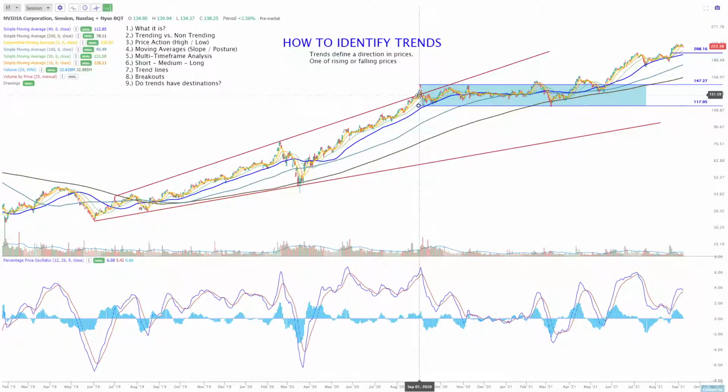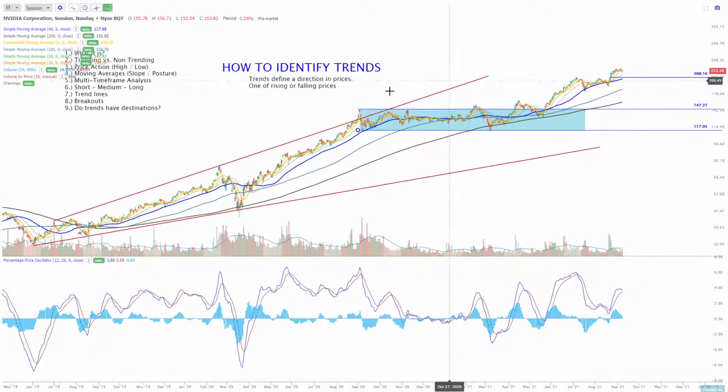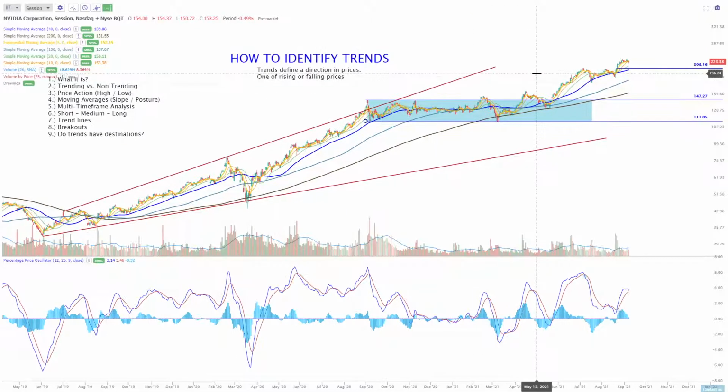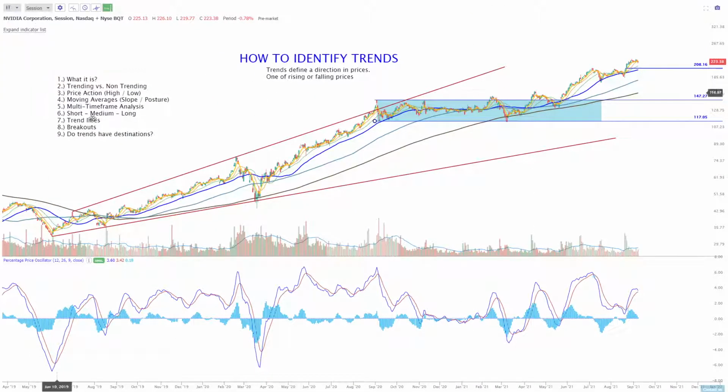And what you start to do is define where price is relative to this trend line as a way to measure, again, the trend and how steep it is. And you can do the same thing up here, very similar. So we have an increasing slope in the trend line, and price is above it, right? So the trend is up. So these are the basic ways that we look at identifying the trend.